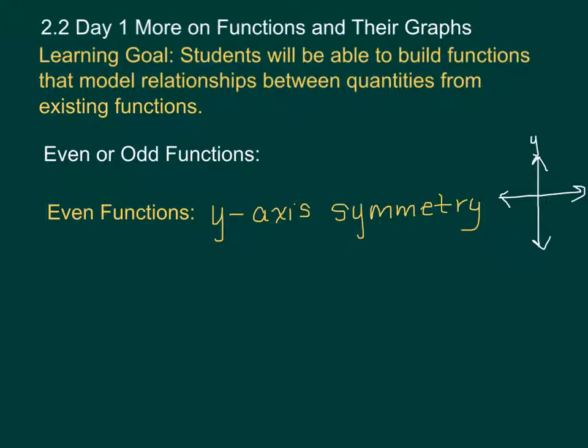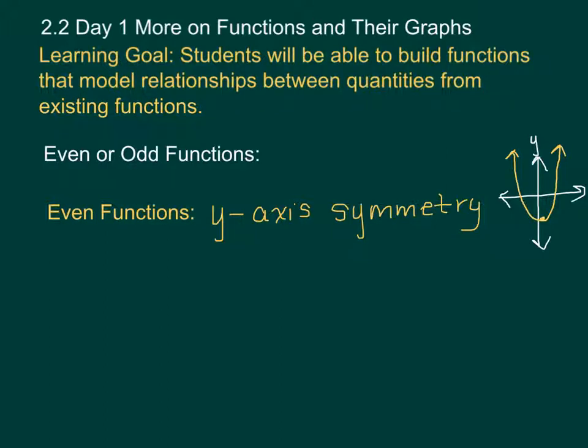So here's our y-axis. And a good example of this is the parabola that has a vertex on the y-axis. And so this is called an even function if the y-axis is the symmetrical line.